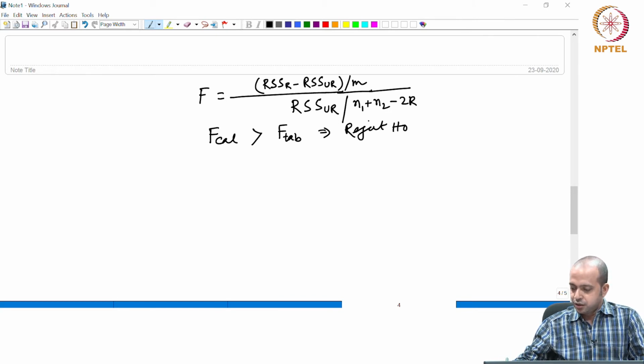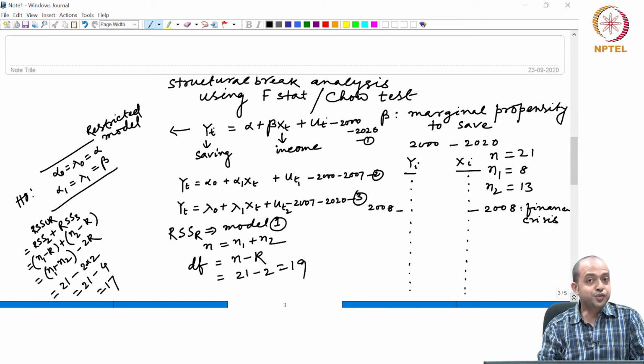this is my null, and what is my alternative hypothesis? Alternative hypothesis is very tricky, as always in the context of the F statistic. You have to very carefully keep in mind the alternative of the F statistic. It is not alpha 0 not equal to lambda 0 not equal to alpha and alpha 1 not equal to gamma, lambda 1 not equal to beta. So that means I cannot say that both intercept and slope are different post financial crisis.